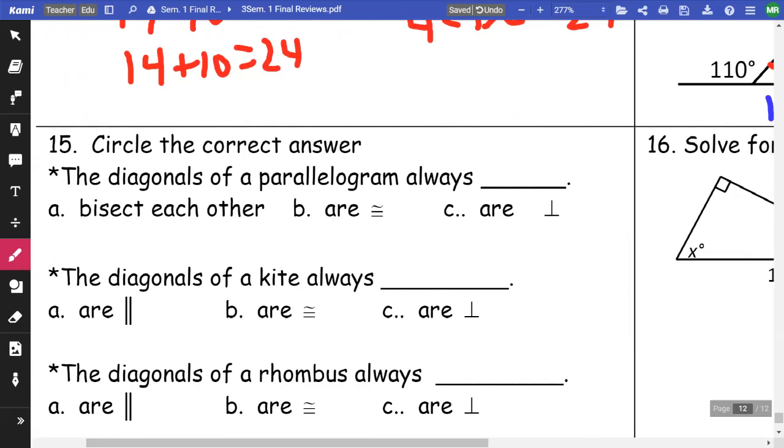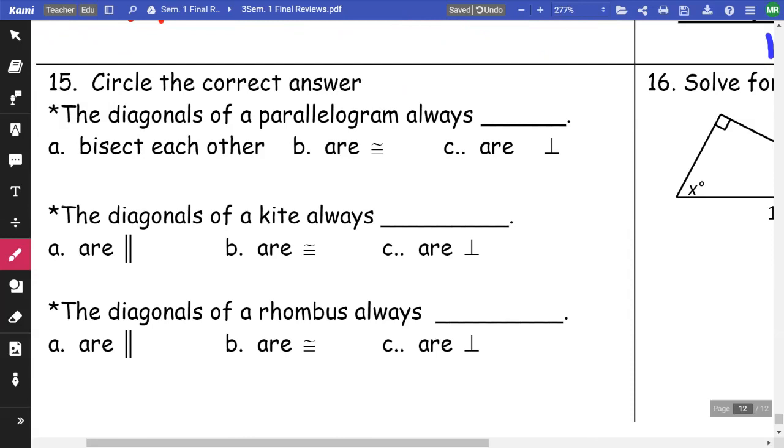On 15, circle the correct answer. The diagonals of a parallelogram always bisect each other, are congruent, are perpendicular. And these are they bisect each other.